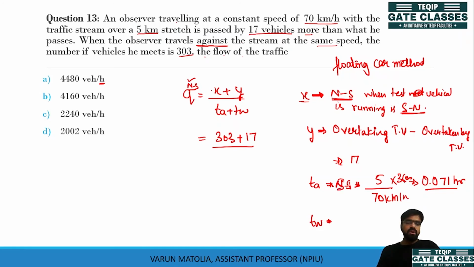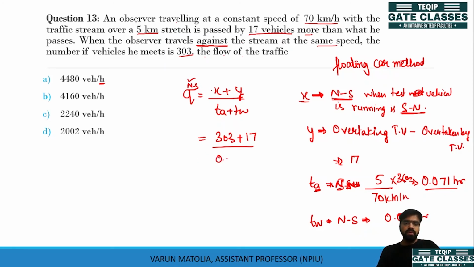whenever you are traveling against the flow, meaning whenever you are traveling in north south direction, this is traveling with the flow. Whenever you are traveling in south north direction, this is traveling against the flow. So you are traveling with the flow in south north south direction. This is also the same, 0.071 hour.